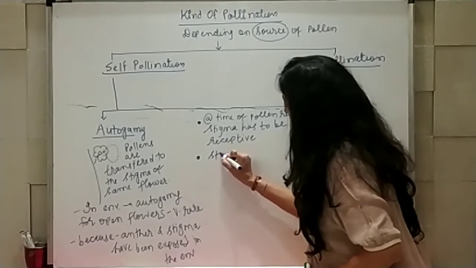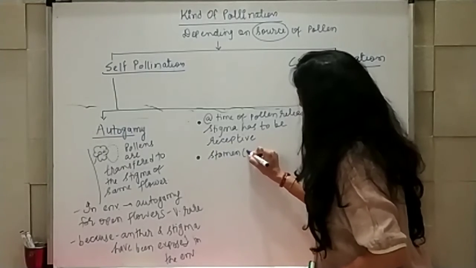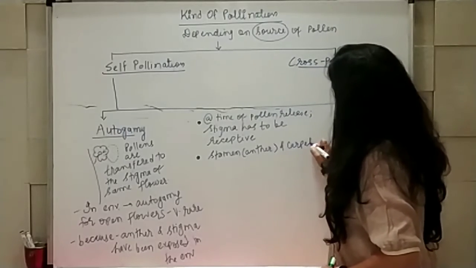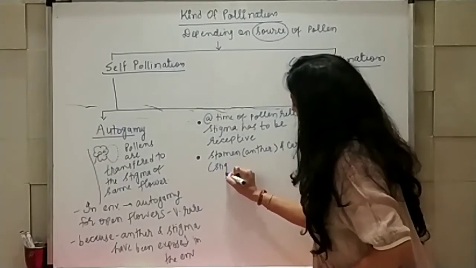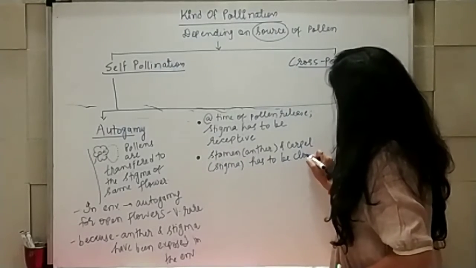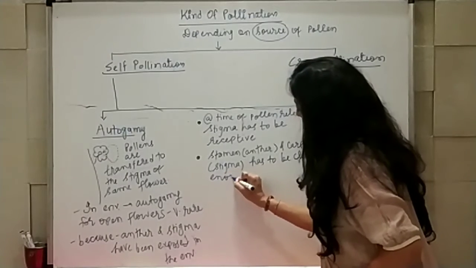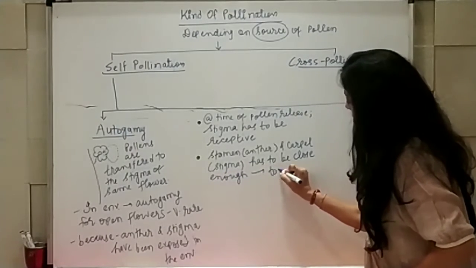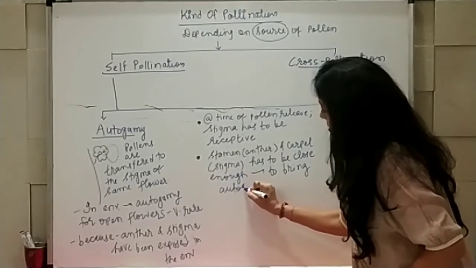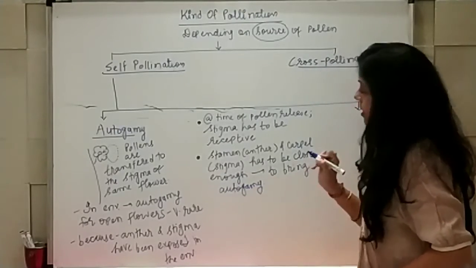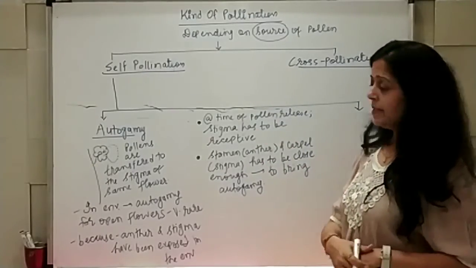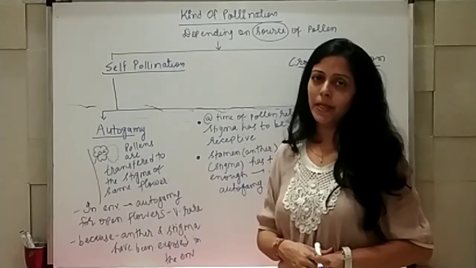So anther and carpel, that is nothing but the stigma, has to be close enough to bring autogamy process. And that's why if these two things are there, even in bisexual flower, autogamy is possible.